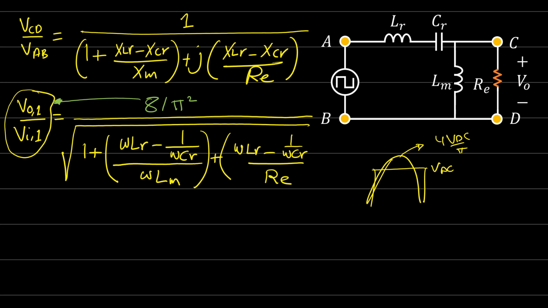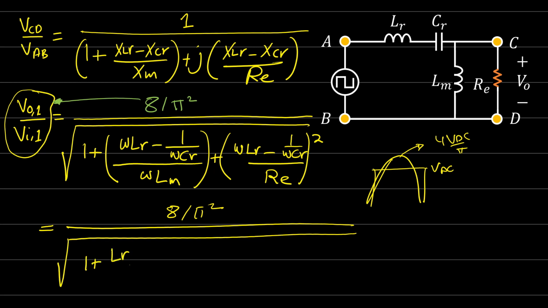Because this is XLR and XCR, we just substitute by their values with respect to the frequency. This will be squared. Now again, let's move for more simplification for this one. Just we can divide by their values. So here 8 over pi squared over 1 plus LR over LM minus LR over omega squared CR LR LM, all this will be squared, right?